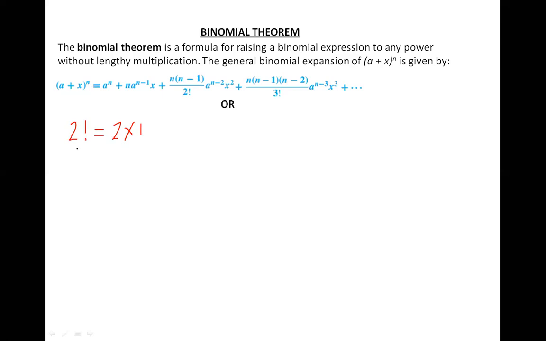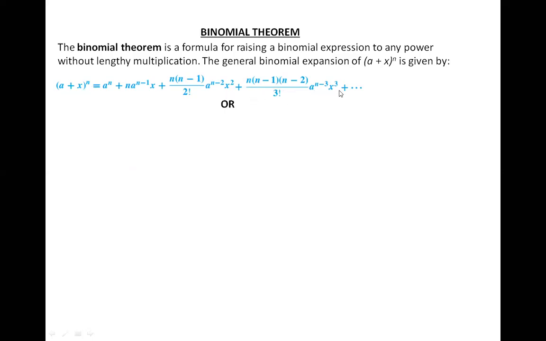So when you've been given 3 factorial, 3 factorial is nothing but 3 times 2 times 1. All right. So this is 3 factorial. So now we proceed. Hope you have understood what it means by the factorial things.